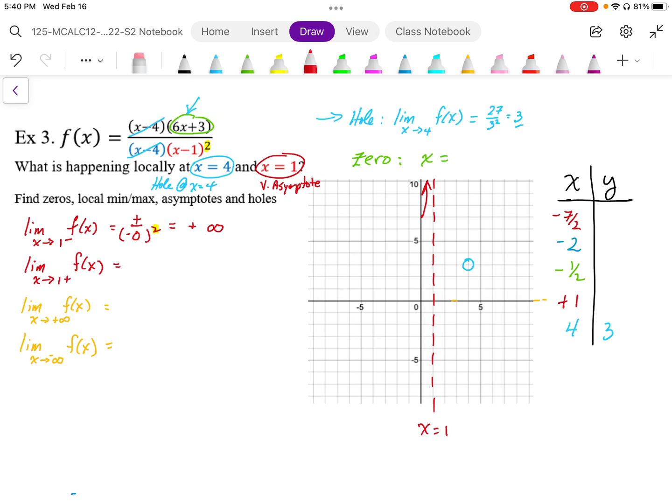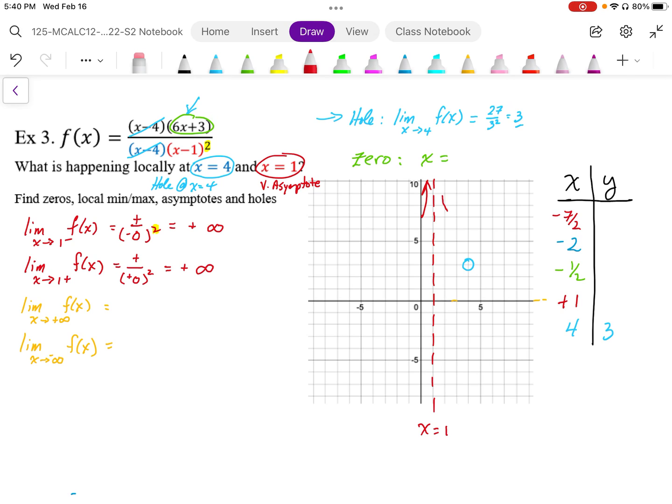I can do that same thing from the right. As I plug 1 into the numerator, I get positive 9. In the denominator, I plug in a value close to 1 but on the positive side. That's going to approach 0 from the positive side. Now I'm going to square that, which doesn't really affect anything. So I end up dividing by 0, which is infinity, and checking the signs, it's going to be positive infinity.